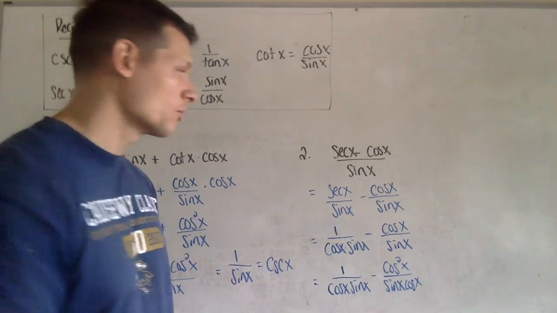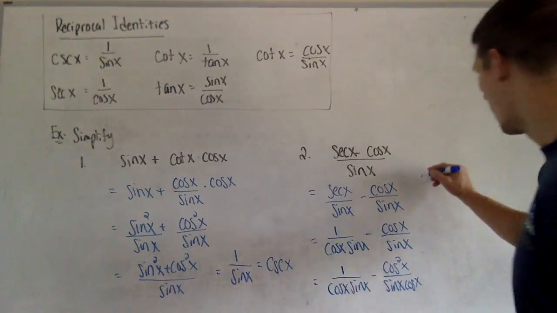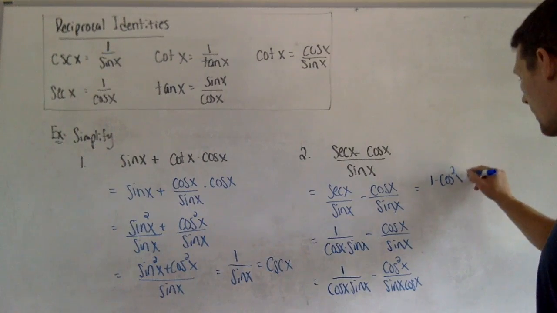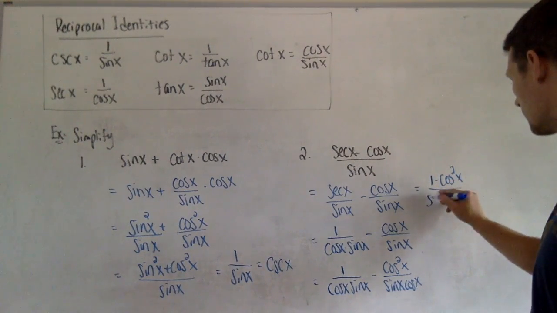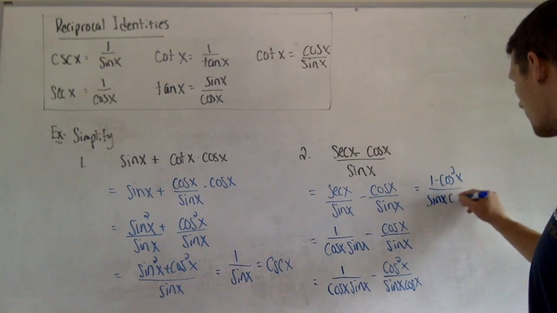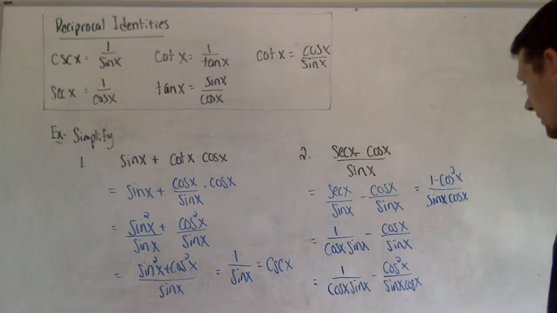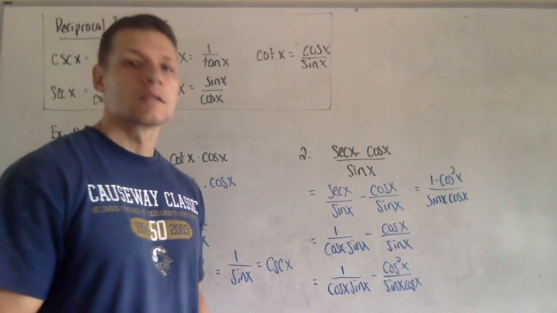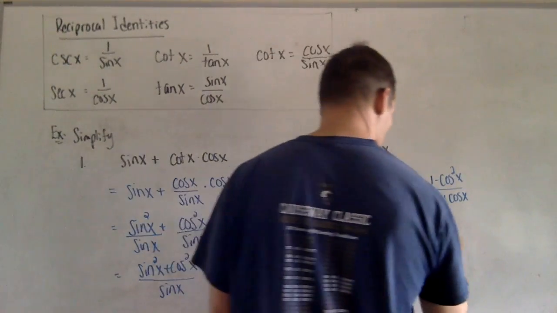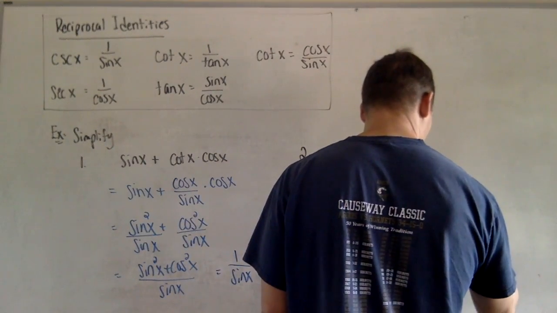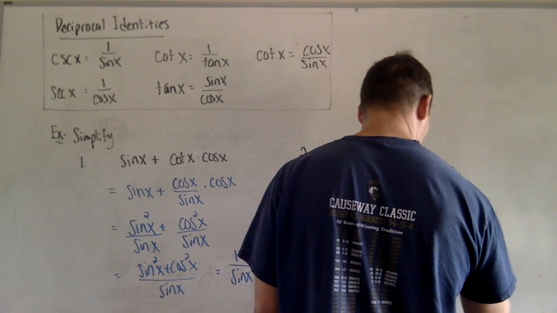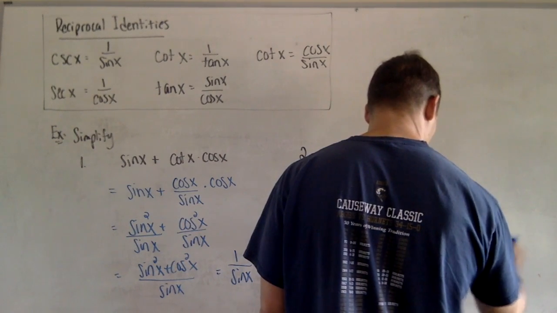If I subtract the numerators, then I'll get 1 minus cosine squared x divided by sine x cosine x. Of course, 1 minus cosine squared of x is sine squared of x. So this will equal sine squared of x divided by sine x cosine x.